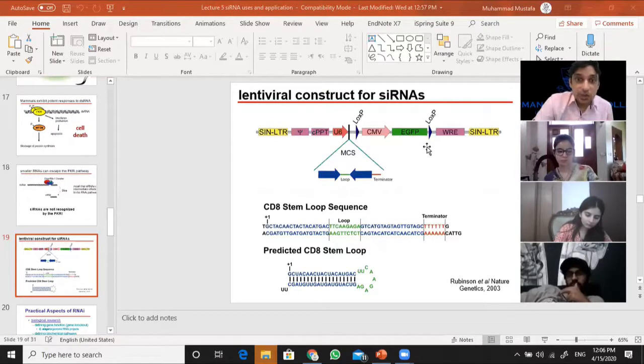And then Shiza asked a question: which factors decide which strand of the double-stranded RNA will survive? Oh my God, this is a very important question. This is actually a very technical question, and I will be asking that question in an assignment.